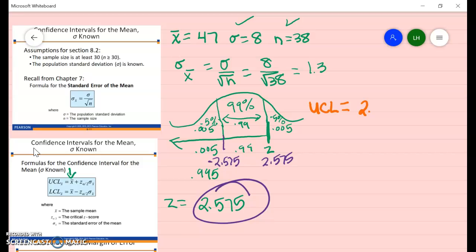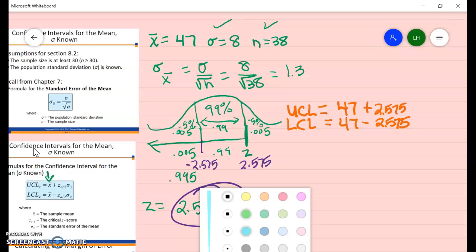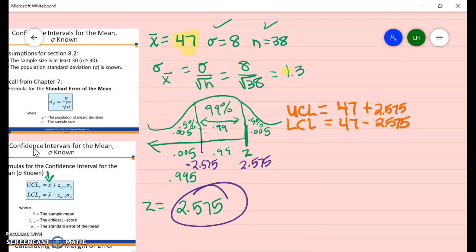The sample mean, 47, and the lower confidence level is going to be 47, plus and minus z. We're going to try 2.575. I'm really thinking they're wanting us to round, but it might not make that big of a difference. And then the standard error of the mean. So we're using this and this and this. So 1.3.